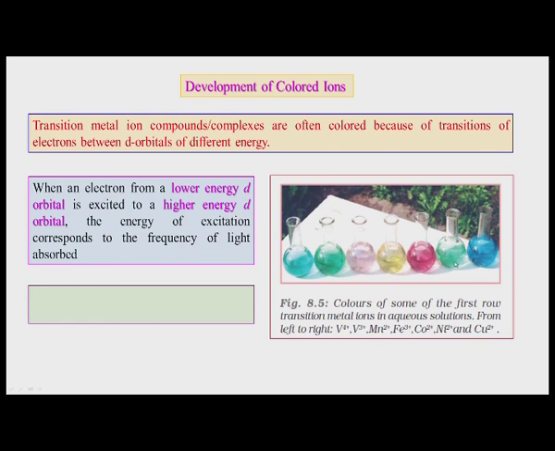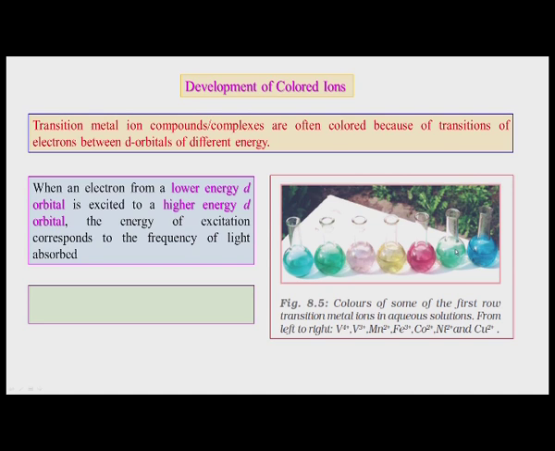Sometimes we can use a reagent which can separate out this nickel as an insoluble compound which is not soluble in water. That is another way of identifying nickel, by using a reagent which can give you a precipitate, like identification of chloride by adding a solution of silver nitrate, which gives the precipitation of silver chloride.